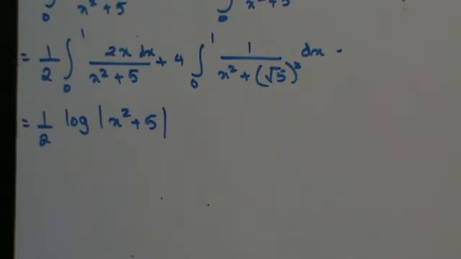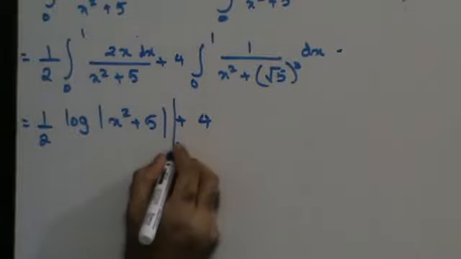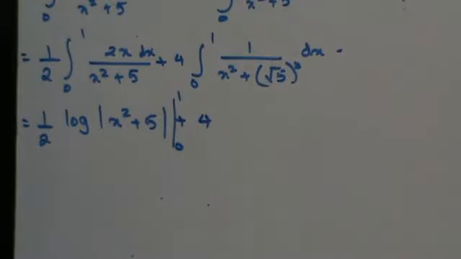Integral of f dash of x upon f of x is log mod f of x. Plus 4, when the limits are between 0 to 1. Integral of 1 upon x square plus a square is 1 upon a tan inverse of x by a.